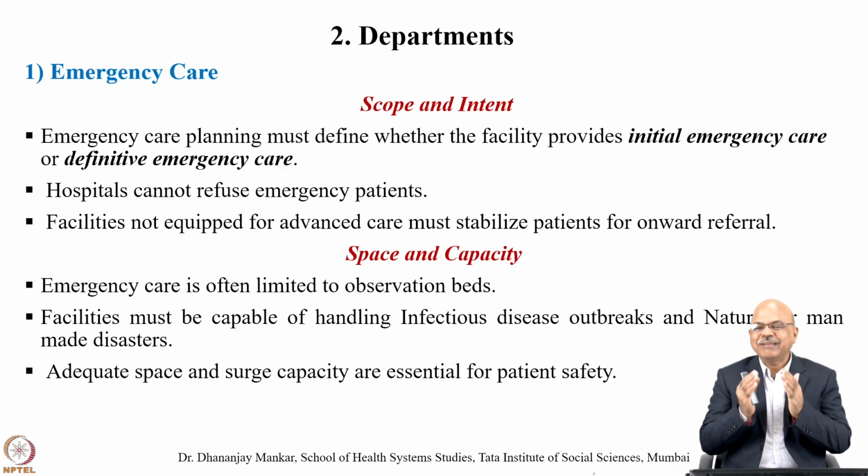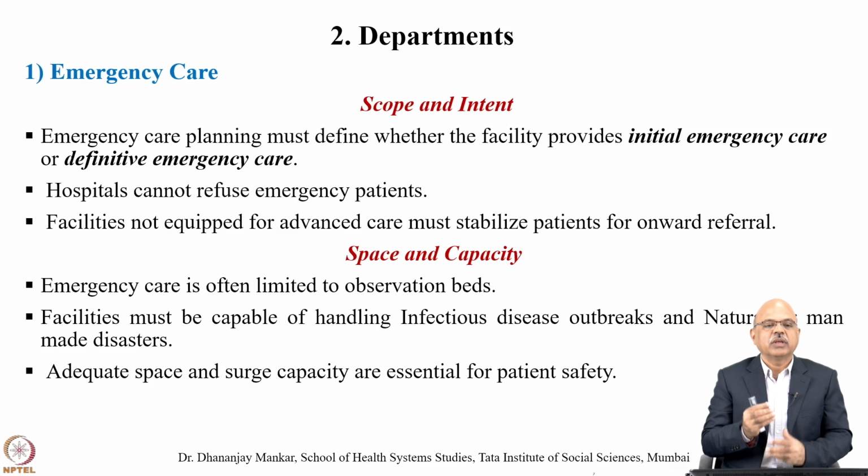With respect to space and capacity, emergency care is often limited to observation beds, because an emergency can turn out to be one which can be referred to an ICU or to the wards. Or sometimes you may find a great casualty which may lead to even surgical interventions.